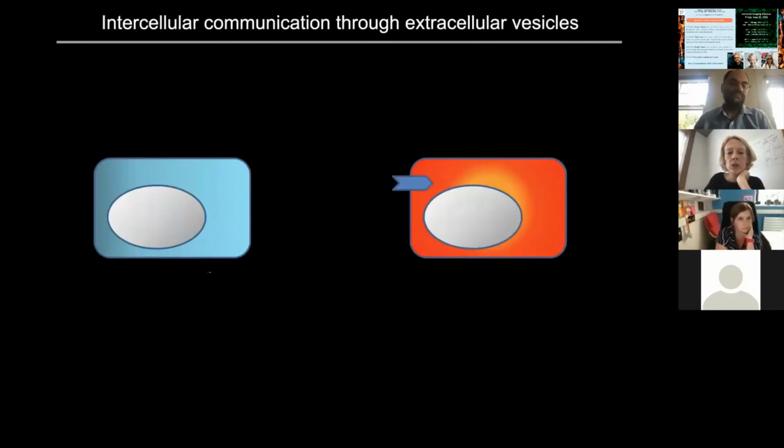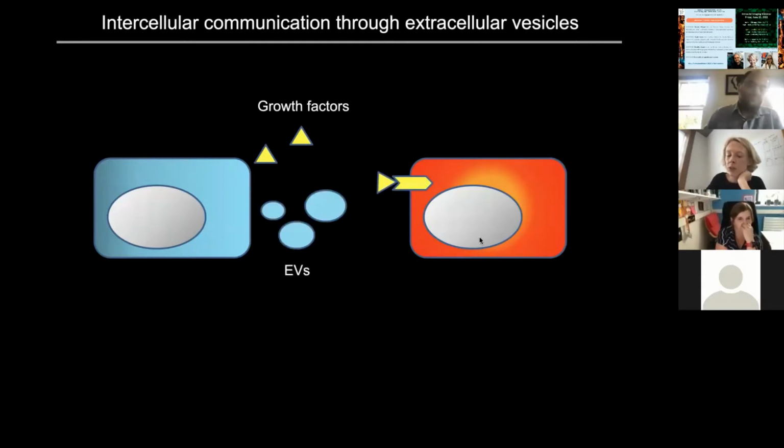So these results, I think, change the whole concept or add another layer to the concept of intercellular communication, because normally we used to think that cells communicate through growth factors, for example, released by cell A, and that bind to a receptor on cell B, and that changed the behavior of cell B. However, now we also showed for the first time in a physiological context that cells also release vesicles that can be taken up by other cells.